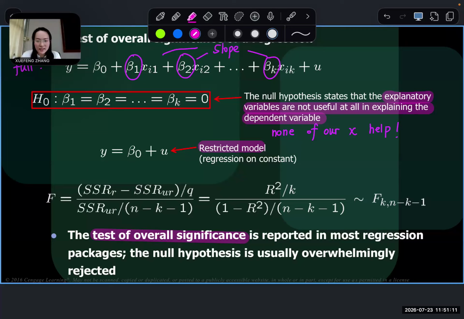The meaning is that your X variables jointly explain something of your Y, even if small, okay? This test is the lower bar, like the benchmark. It doesn't tell you your model is good, just that it's not completely useless.